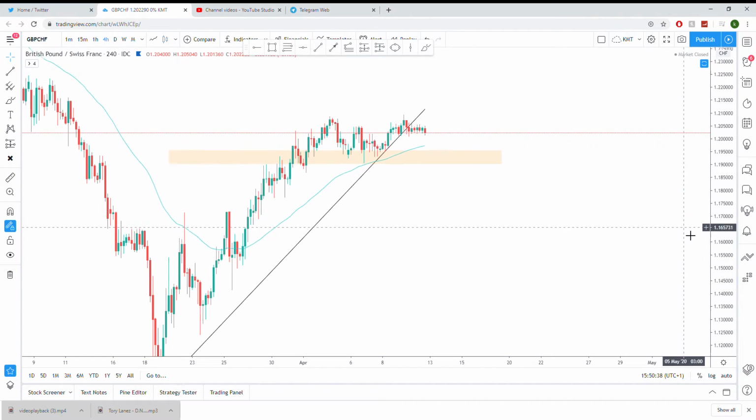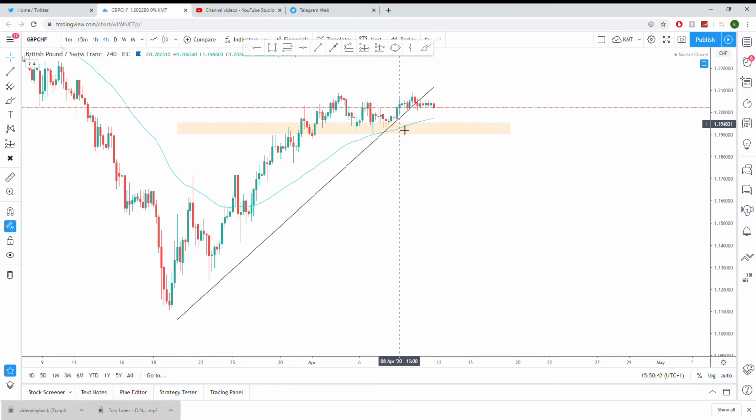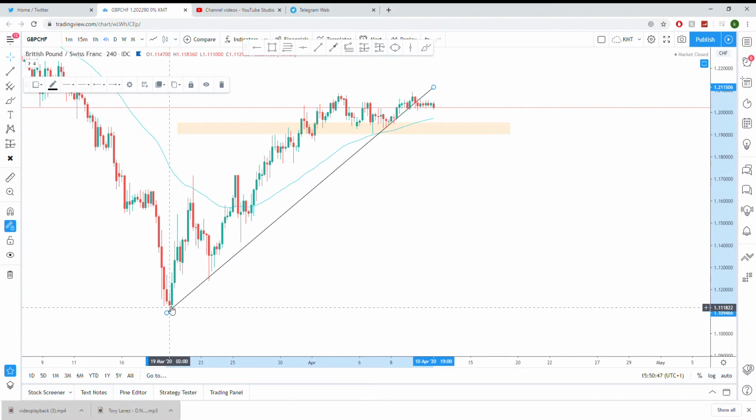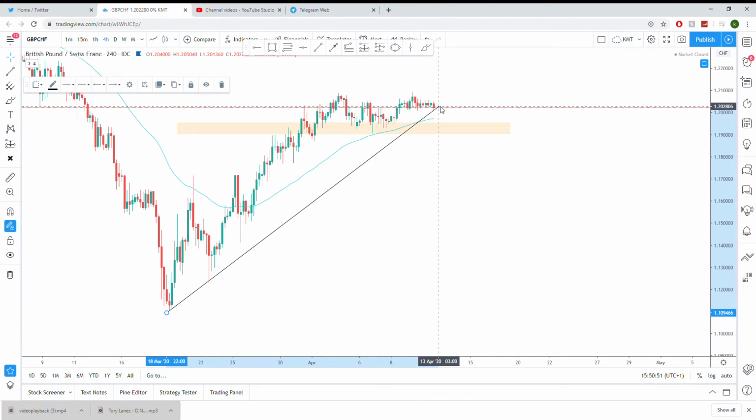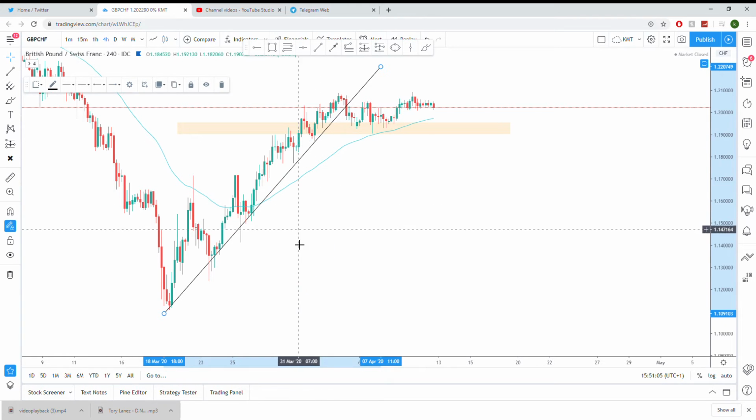Just one thing as well with our trend lines: as you can see here, it's not exactly perfect, but the way you should be drawing your trend lines is if you connect two points together, that actually makes up a trend line. I use wick to wick as the points, but you can also use body to body. So this is a body here, and that's a body here, but as you can see, it doesn't necessarily work out very well.